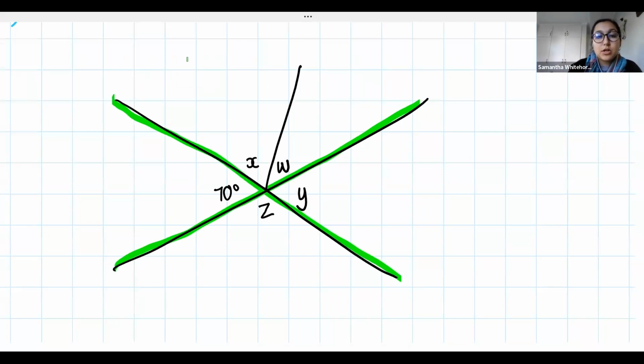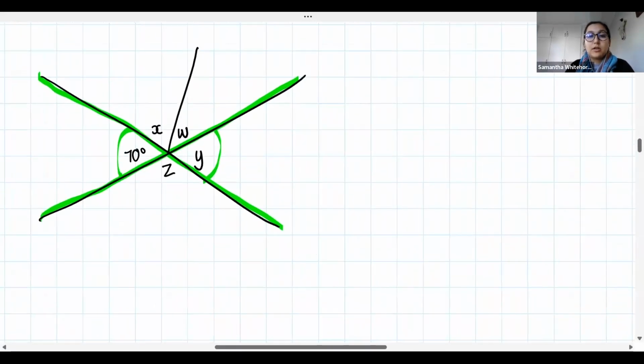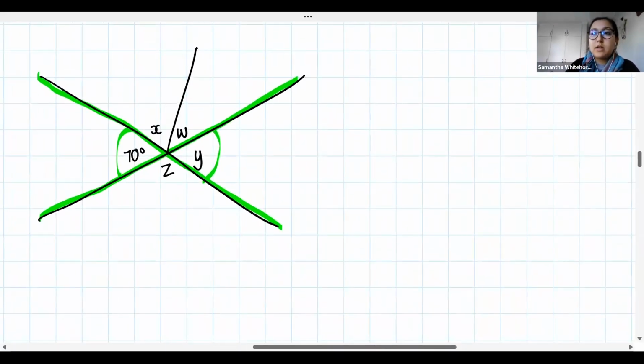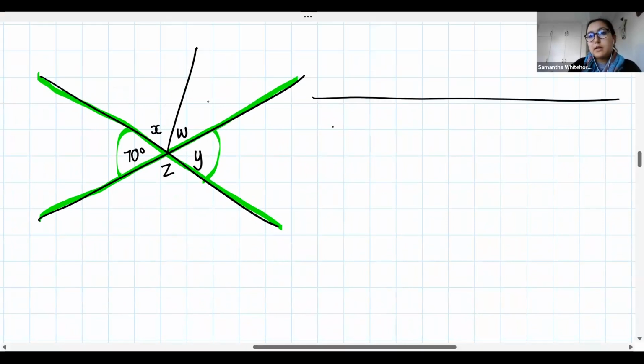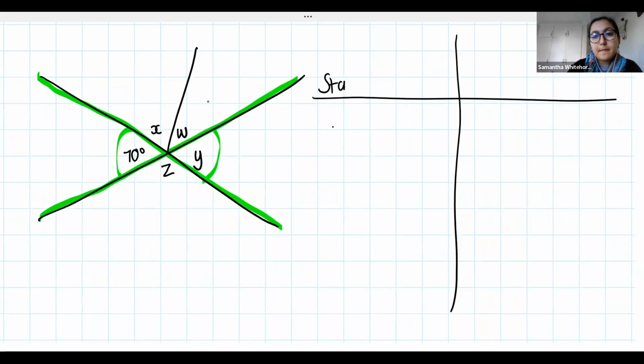Because I've got this cross shape, I know that 70 and Y are equal to each other. So if I start to set up my answer, remember, statement reason. Our first statement is that Y is equal to 70 degrees because of vert-opp angles.